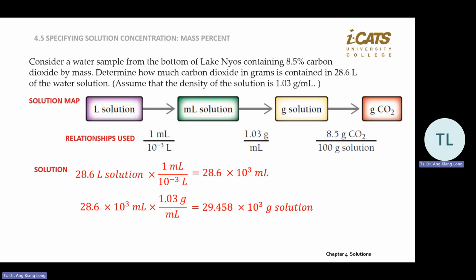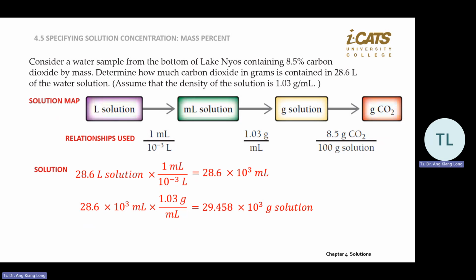But what is expected in your test? How do you write? This one I already did in the previous class. You need to convert 28.6 liter equivalent to X gram of H2O.